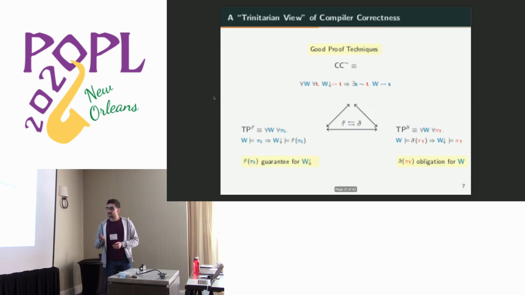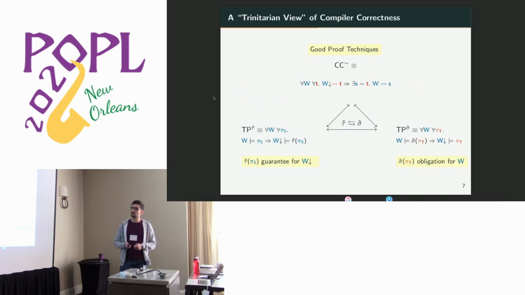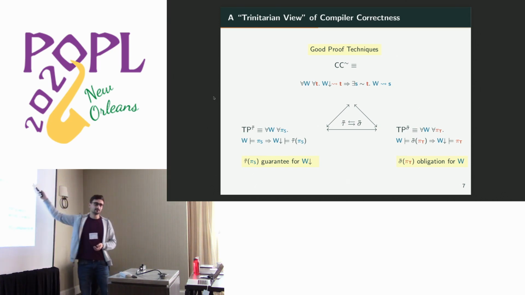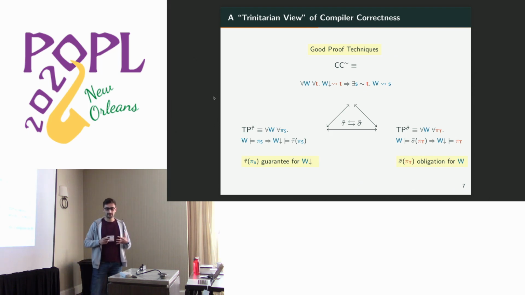And the Galois connection is actually the key to show that the three criteria I want to present today are all equivalent. And what's the insight of this equivalence that we call Trinitarian view of compiler correctness? That on one side we will have a criterion that is probably the theorem we want to prove for our compiler, for which there are quite good proof techniques, hopefully in literature.